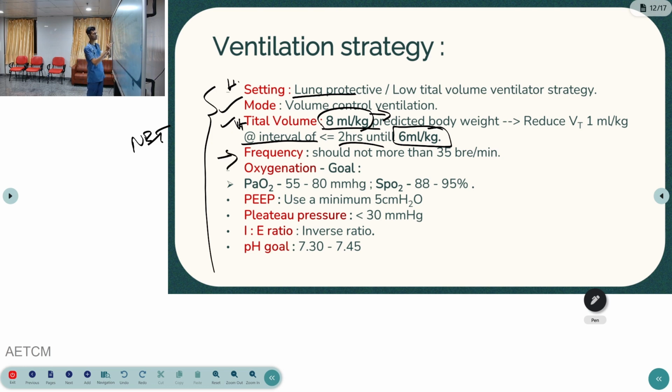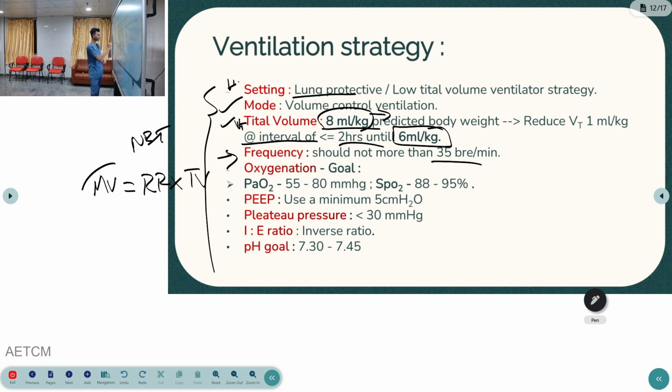And then frequency, in the sense of respiratory rate, should not be more than 35 breaths per minute. Why do we want to go up to 35, why not 88 or 22? You have to remember the minute ventilation formula: minute ventilation is respiratory rate times tidal volume.